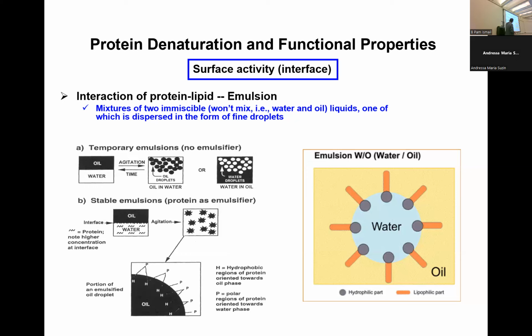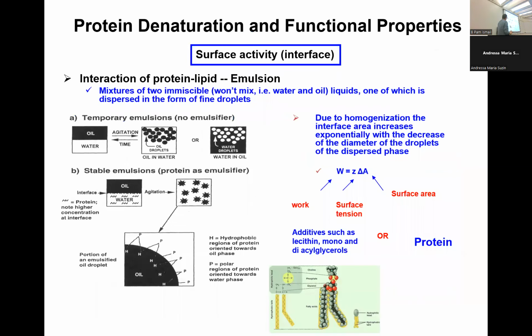If you then have your protein, it is going to stabilize and form a film around your water or oil, depending on whether it's oil in water or water in oil. The higher the surface tension, the more work you need to put in to homogenize and reduce the particle size. The smaller the particle size, the more the surface area increases.